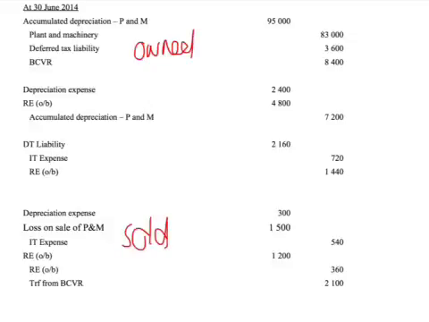So if you look at the BCVR entries that we've passed in the current consolidation worksheet, you see these entries affect the opening retained earnings, because this relates to adjustments to the earnings of the subsidiary in the period since acquisition until the beginning of the current financial year.